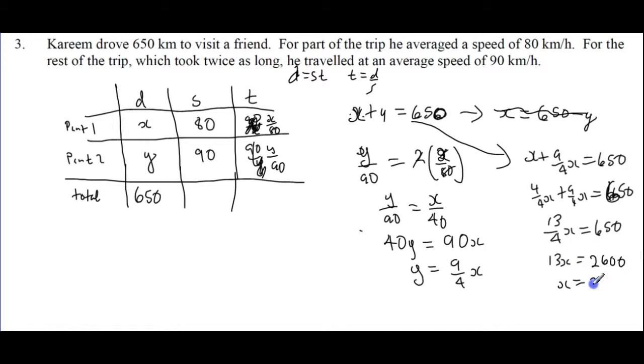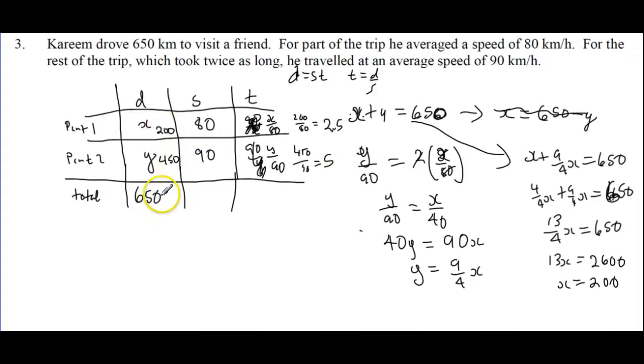And x is 200. So go back here. This is 200. This is 450. This is 200 divided by 80, which is 2.5. And this is 450 divided by 90, which is 5. And so that fits, right?